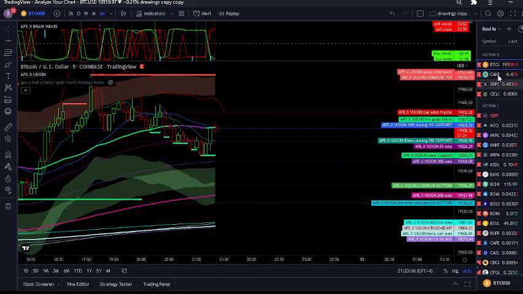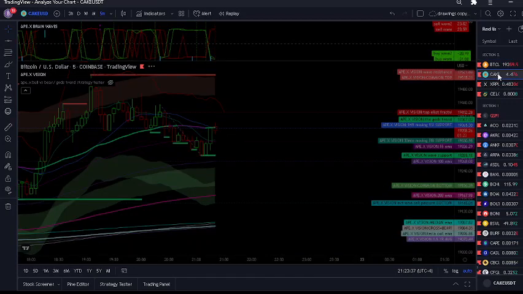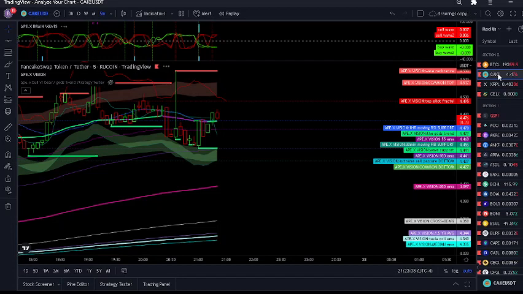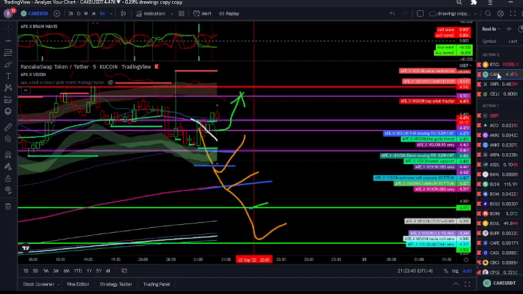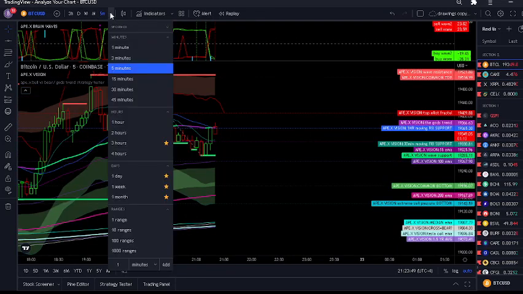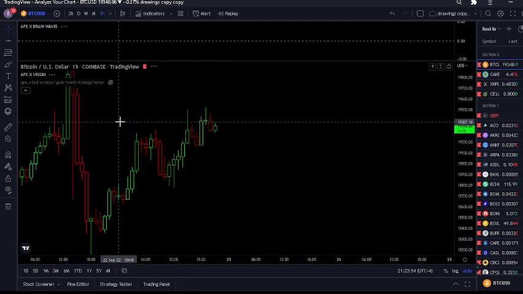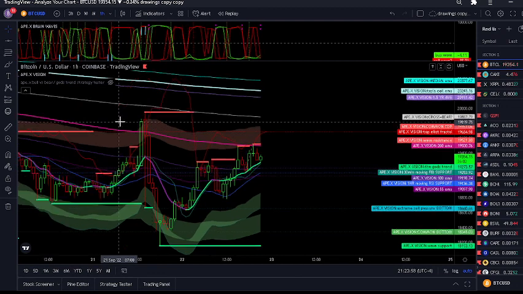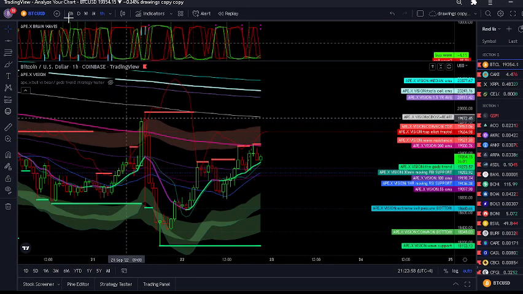It's gonna be red. It's gonna have a hard time for it. Yeah, it's gonna be red. The next candle's gonna be fucking red.